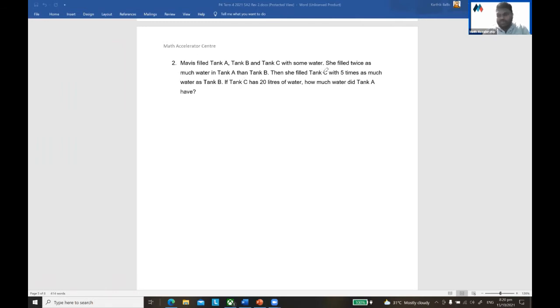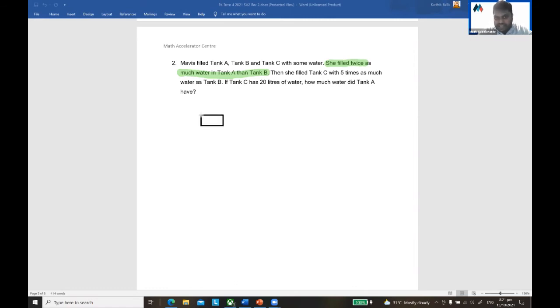So first sentence, you know, all 3 tanks got water, right? Nothing much to gain from that. Now the second sentence onwards is the more important sentence. Okay. So she filled twice as much water in tank A than tank B. Let's draw a model for this sentence first.